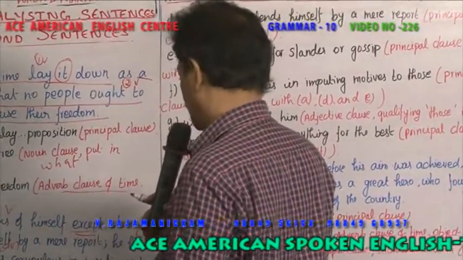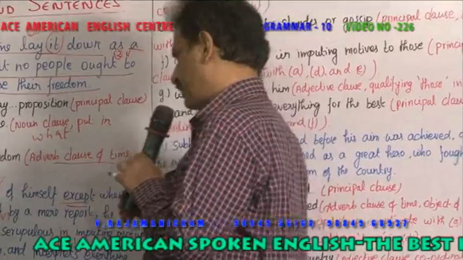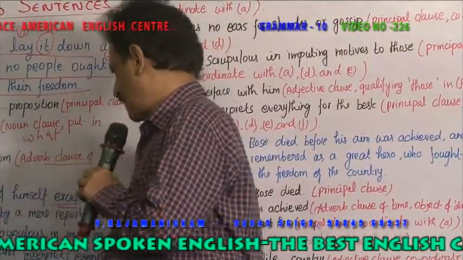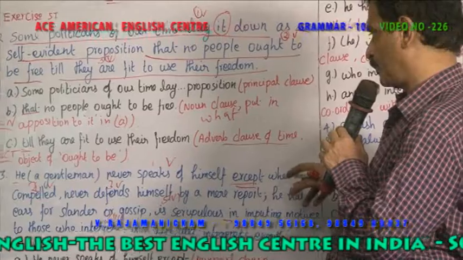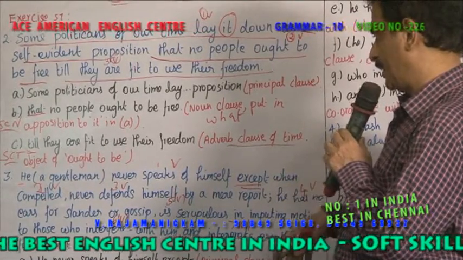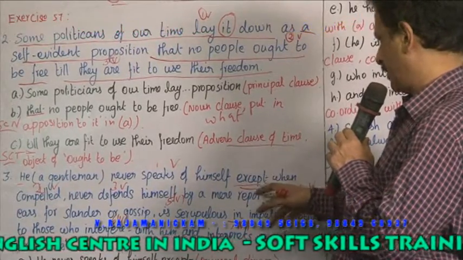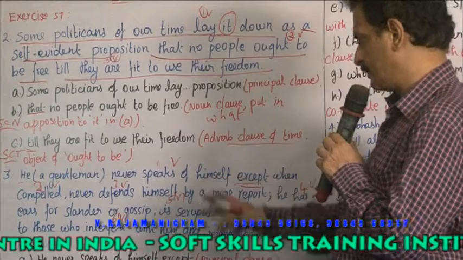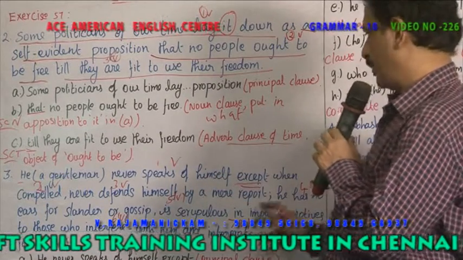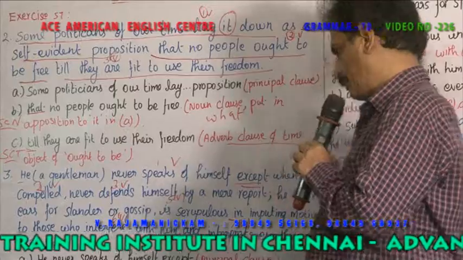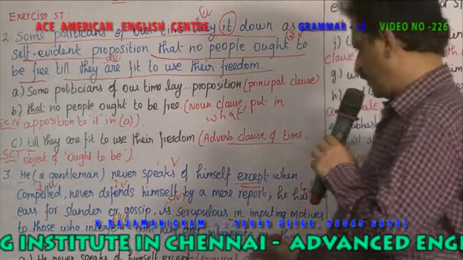So which is the other one? Is any other verb there which we have missed? Speaks is one. Any other? When he is compelled, okay, 2. Never defends, by a mere report. He has no ears for slander or gossip. Is there, imputing? In imputing motives, no. Who interfere with him, and interprets everything for the best.